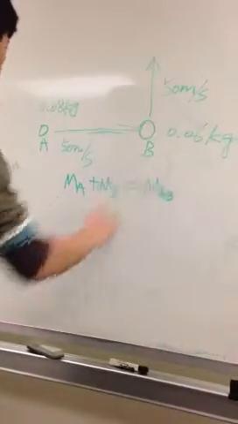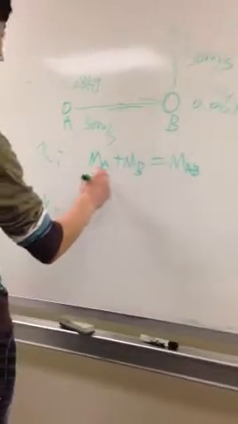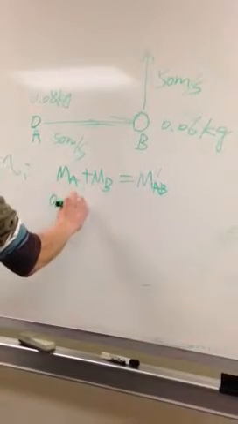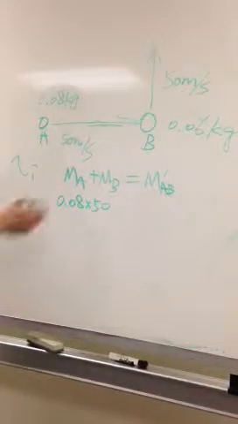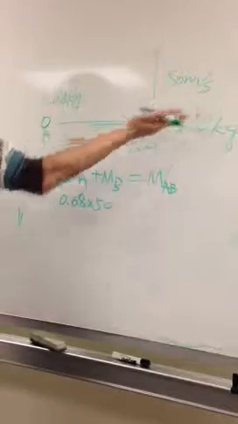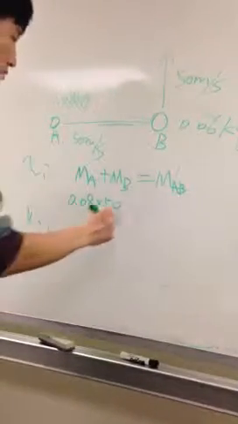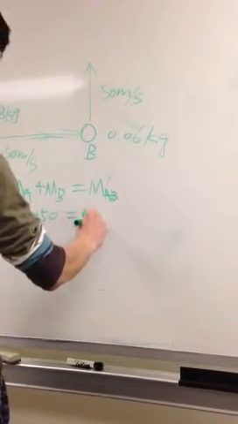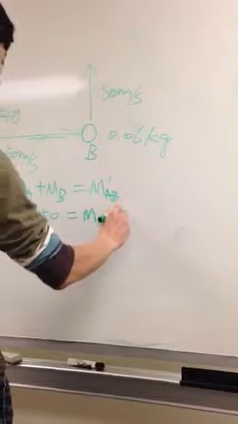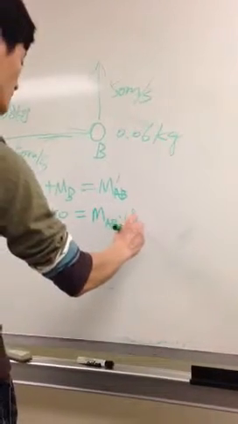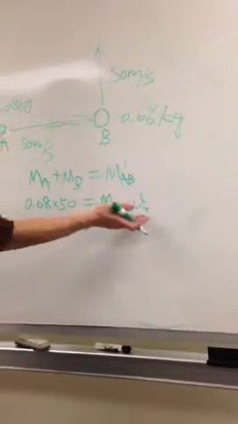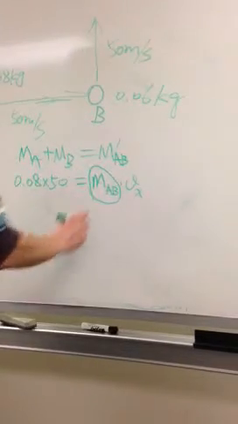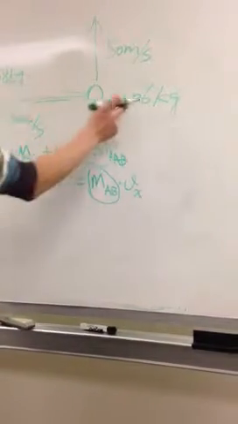We know the initial is 50 for A, and for B it is 0 because there's no velocity along x.